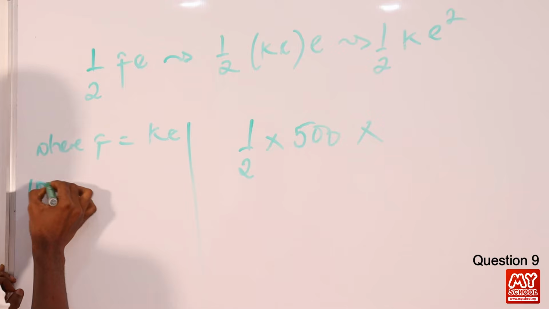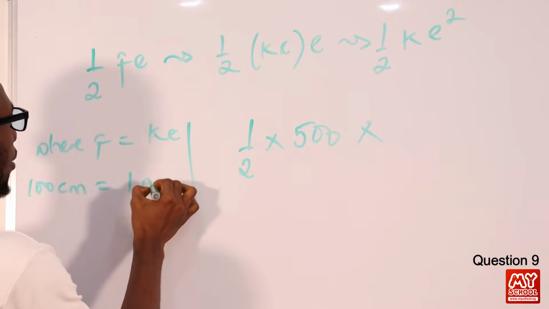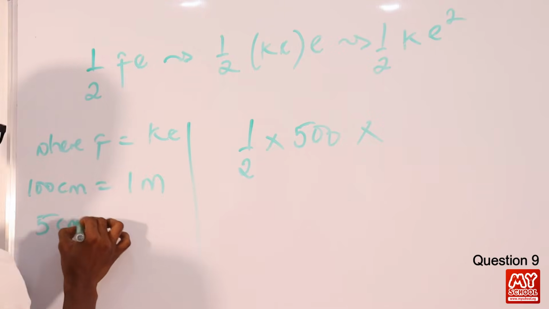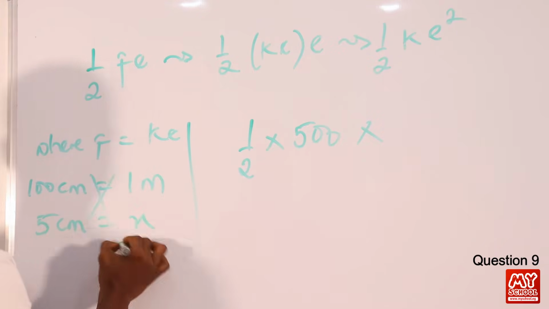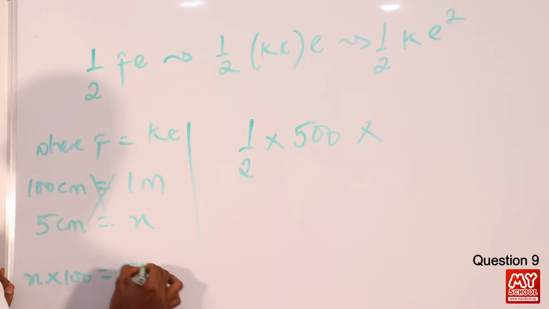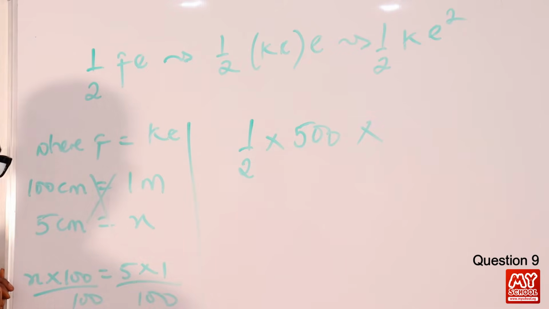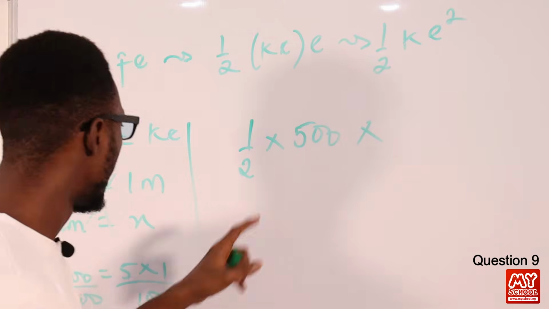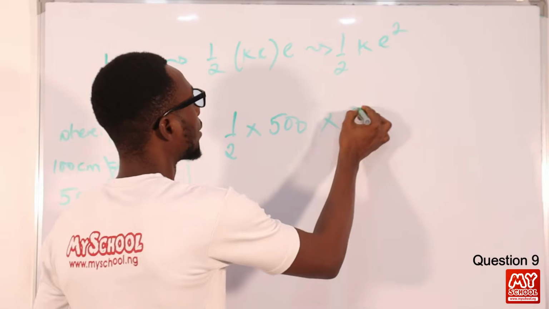We know that 100 centimeters equals 1 meter. So 5 centimeters equals X. When we cross multiply, we have X times 100 equals 5 times 1. Dividing both sides by 100, I should have X equals 5 over 100, or 0.05, if you want to put it that way. So let me just work with 5 over 100.